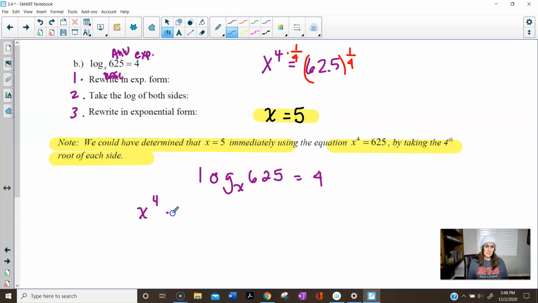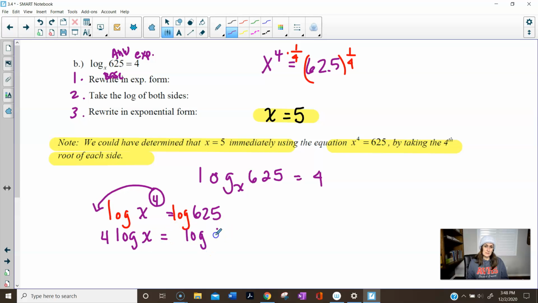And the answer is 625. Now what you can do is actually take the log of both sides. Because it's an equation, you take the log of each side. Now you can use the property of logarithms where you can take this 4 and bring it out in front. So this is 4 log x equals log 625.